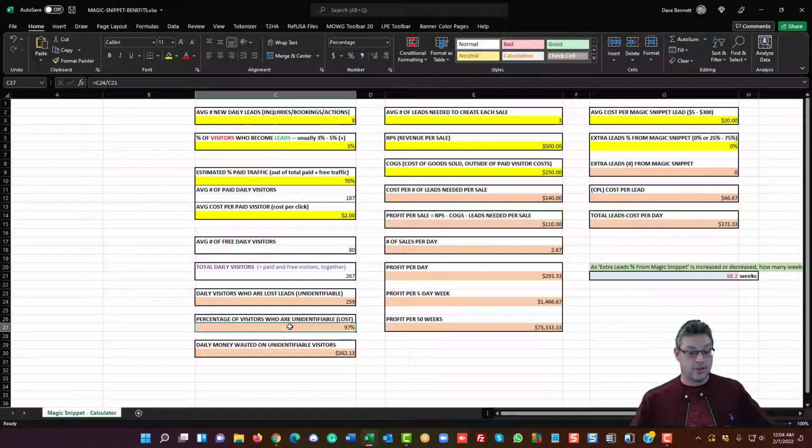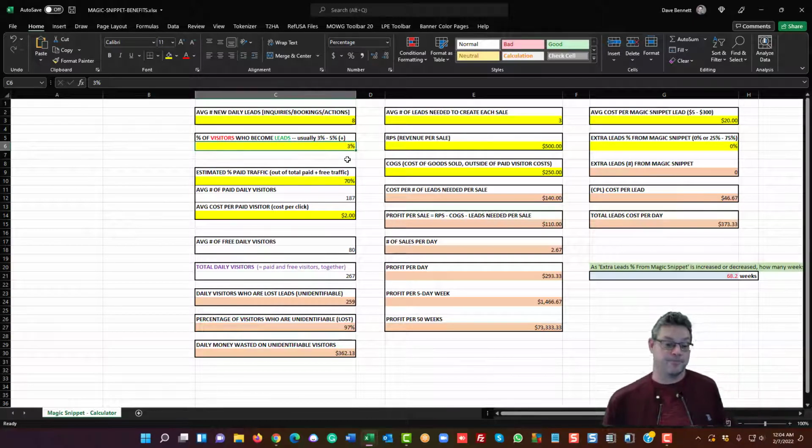Okay. So the percentage of visitors who are unidentifiable, they just walk off and you don't know who they were. You know you paid for them. You don't know who they were. That's 97%. Because, hey, only 3% of your visitors become leads.